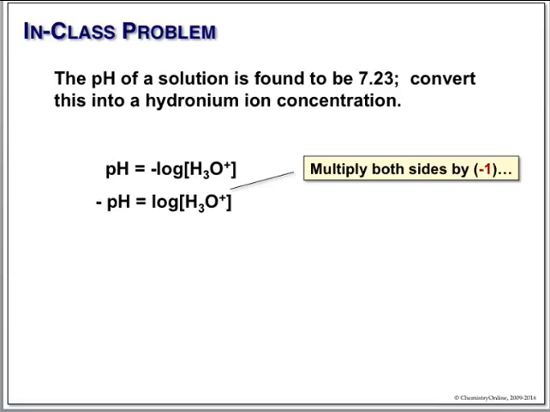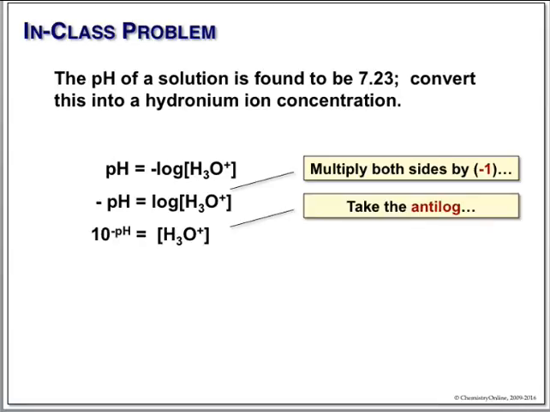We can do that. Step 3, we're going to take the antilog. Now the antilog is simply the power of 10 that you have to get the number that you're interested in. The antilog. On your calculator, you'll see this as 10 to the x.